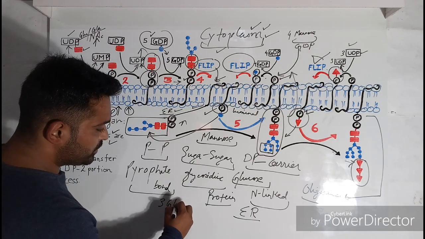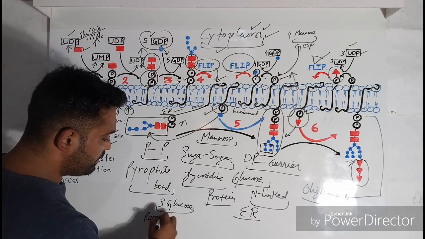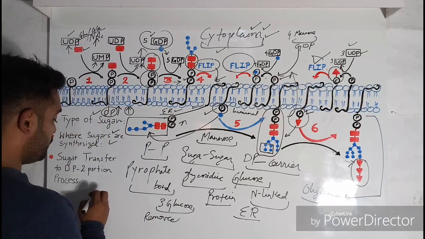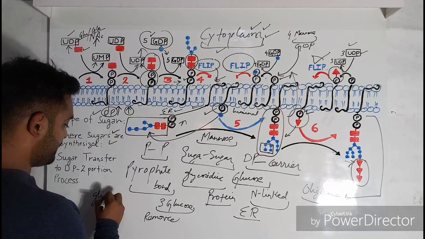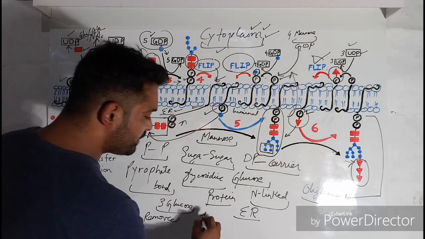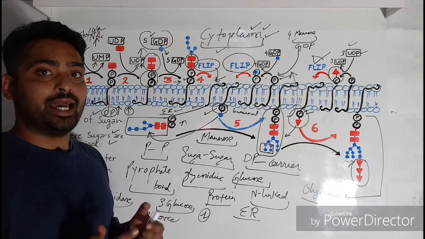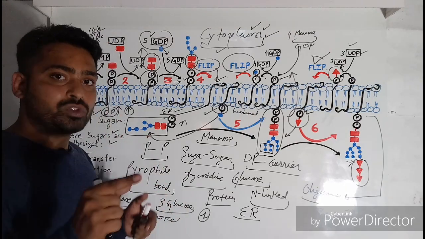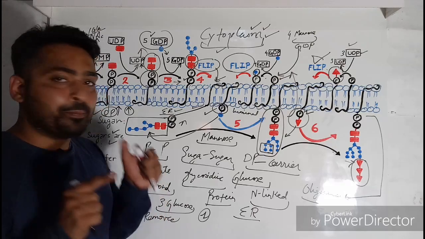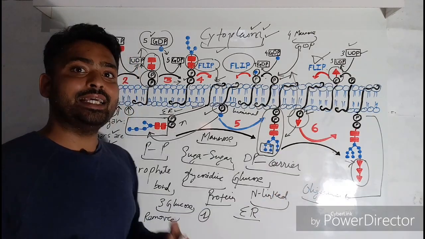The 3 glucose residues which we added are removed by an enzyme which is known as glycosidase, and one particular mannose residue is also removed, and after this one glucose residue is added to complete the modification of this oligosaccharide chain in ER.